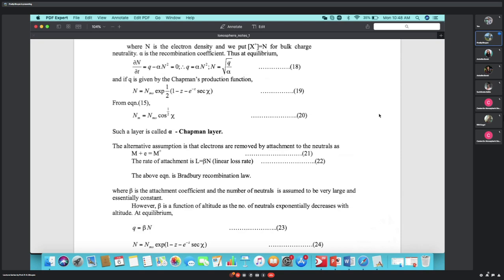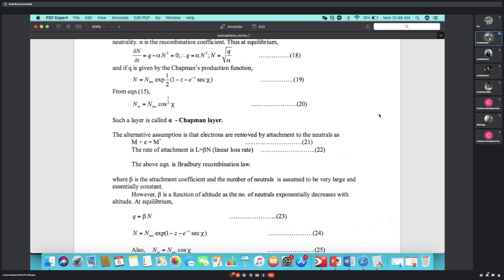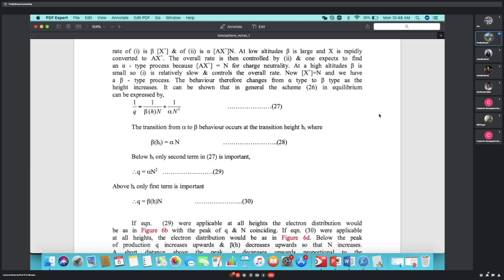Up to this we have discussed that alpha Chapman and beta Chapman give rise to two separate layers because of the processes involved. We have seen for alpha, Q is equal to alpha n square, and for beta it is simply beta n.